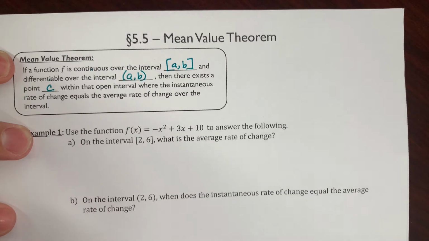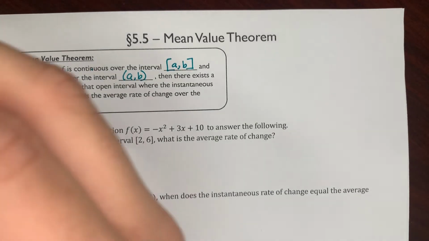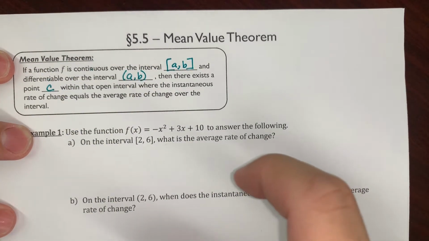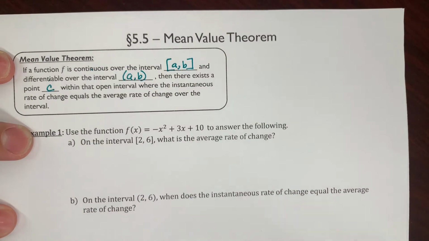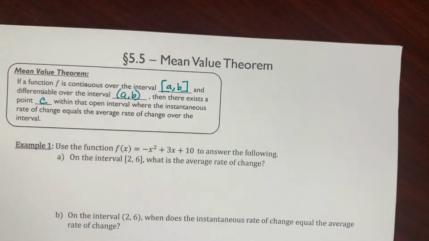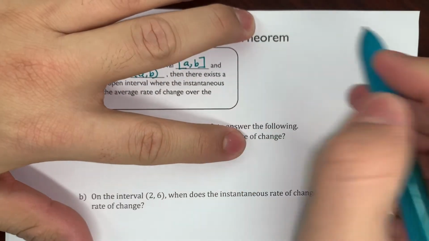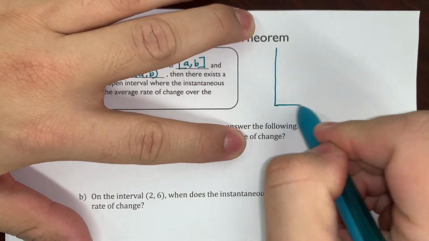I've given problems from Unit 2 to get you using this, where you set the derivative equal to the average rate of change and see where that works. But here in the mean value theorem, we're getting a little bit more in depth. Just to give you a basic understanding, let's say I had a graph over here.